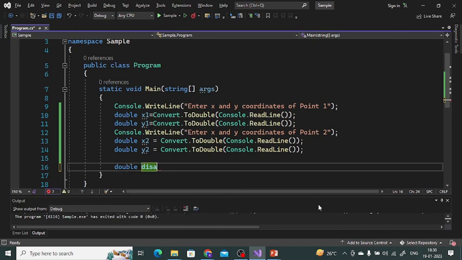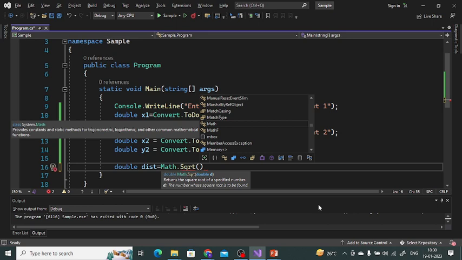So double dist equal to, just now we had seen the formula. It is also suggesting, but we will go for our own. So Math.Sqrt. Now I want the square of y2 minus y1. Either you can go for pow. See, the formula is already ready over there.